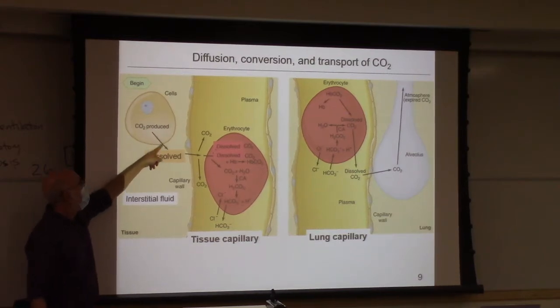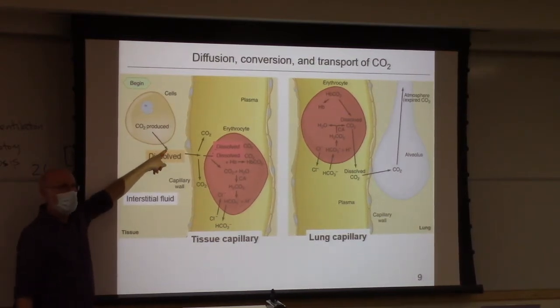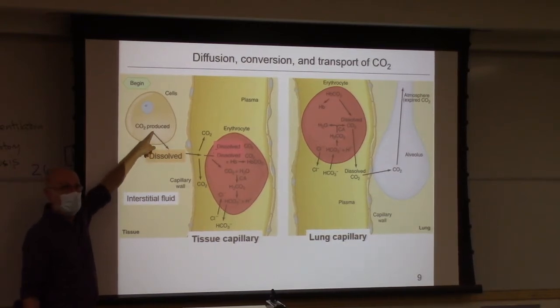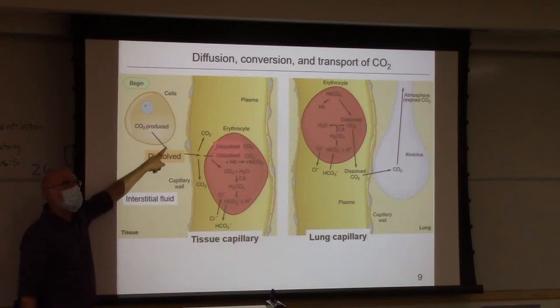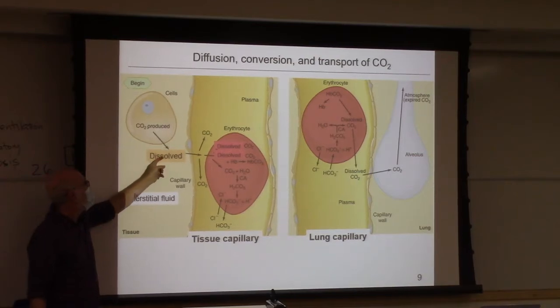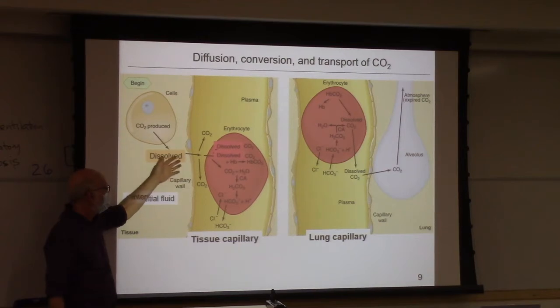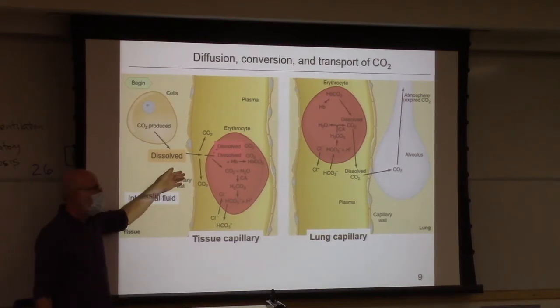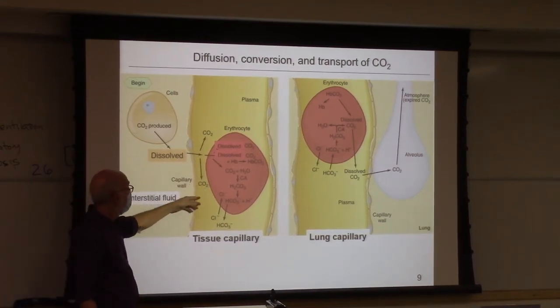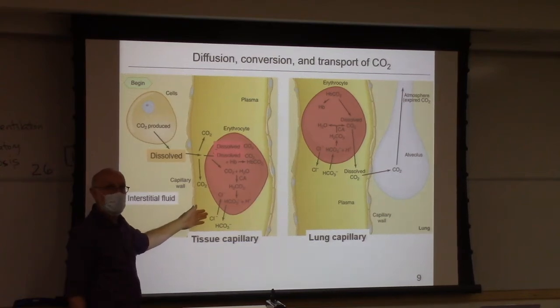What is this arrow illustrating? Diffusion. What is this arrow illustrating? Diffusion. Diffusion through capillary endothelium into the plasma, blood plasma.